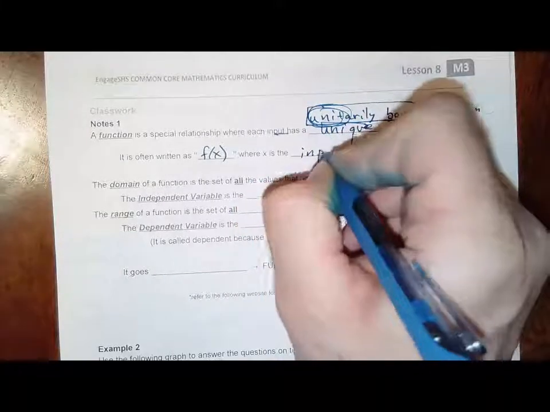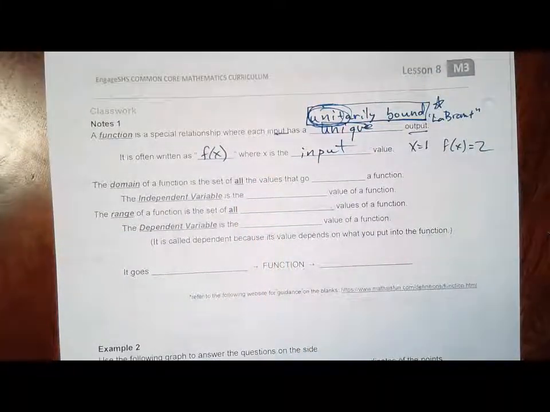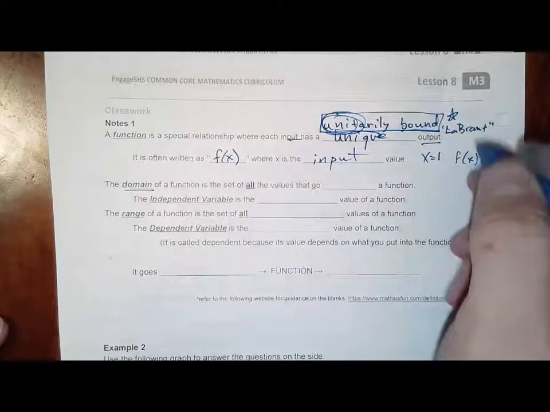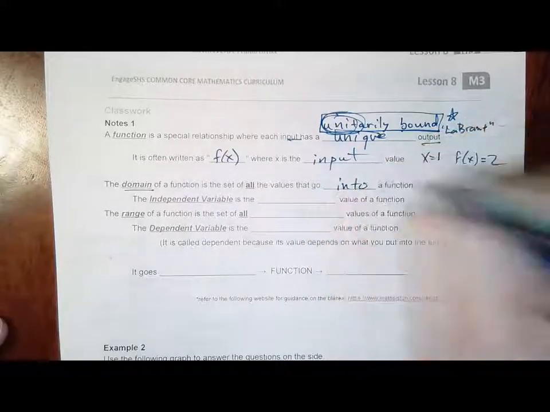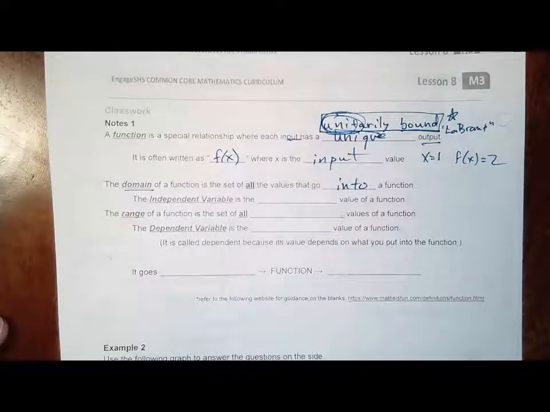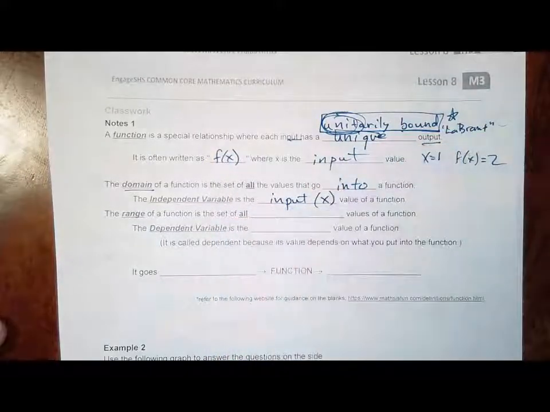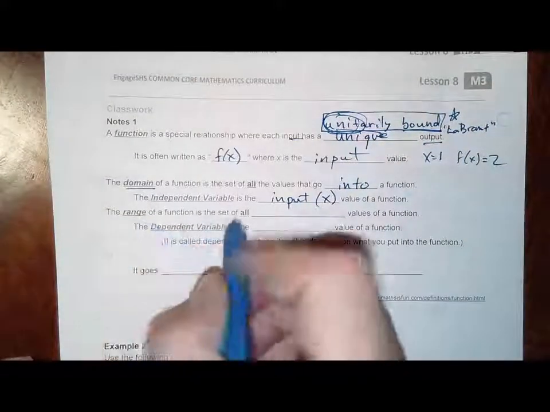Okay, it's often written as f of x, and that's because x is the input value. The domain of a function, here's a key word. If you want to highlight it, you can, but it is already underlined. The domain of a function is the set of all of the values that go into a function. It's usually known as the input value or the x value. The range of a function is the set of all, you guessed it, outputs.